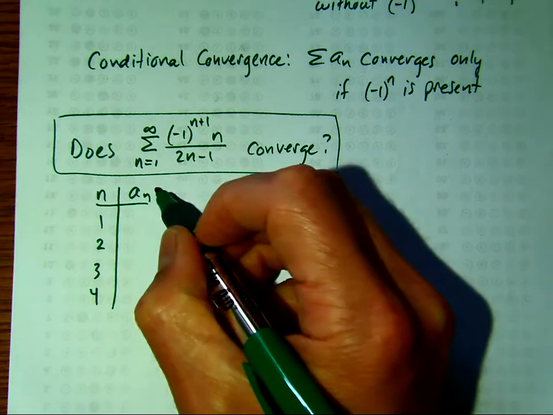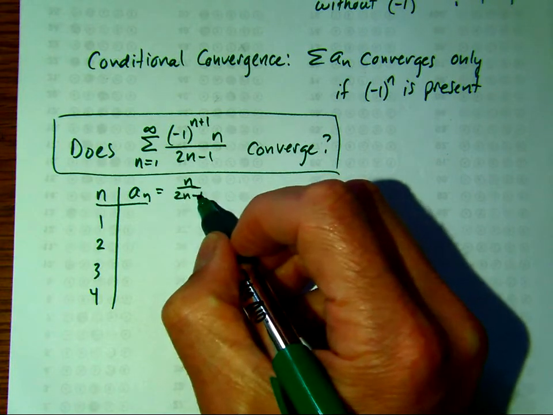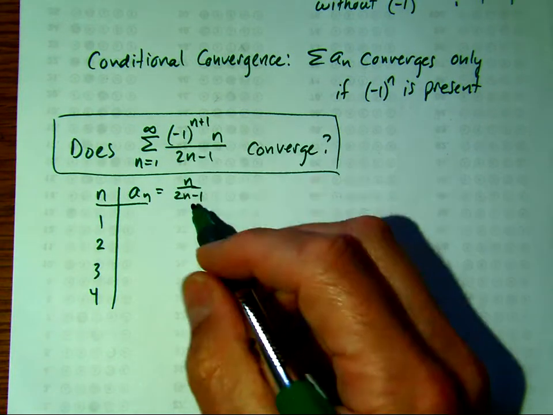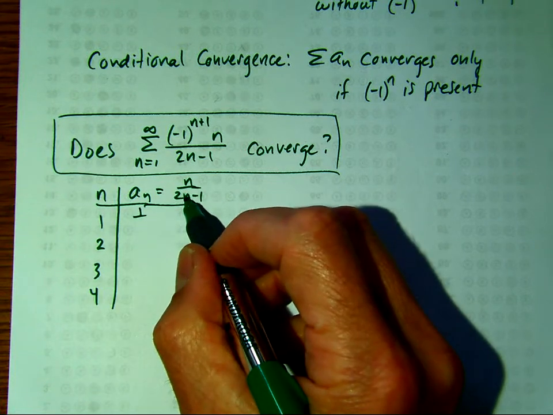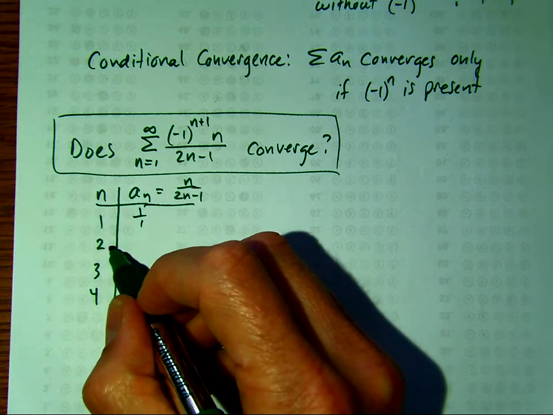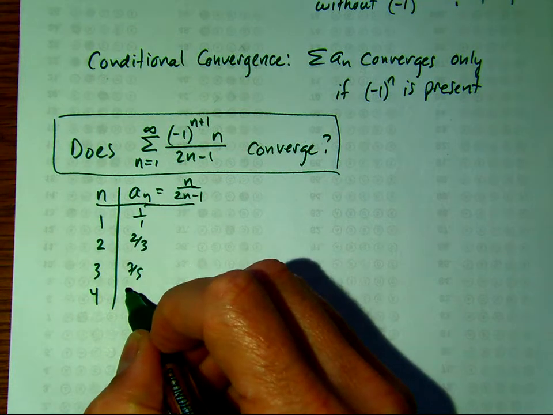We'll say a_n is n over 2n minus 1, ignoring the -1. You put a 1 there, and you get 1. And then we'll have 2 over 3, 3 over 5, 4 over 7.